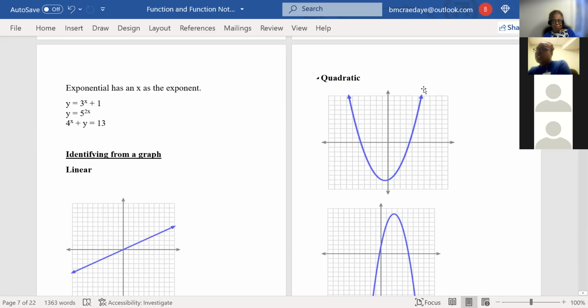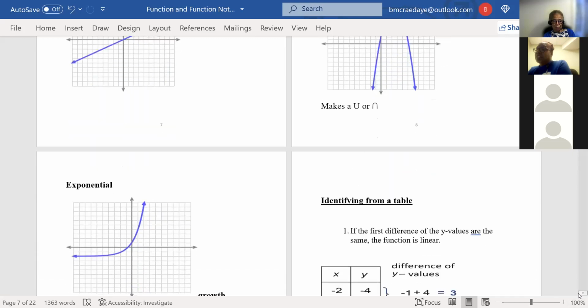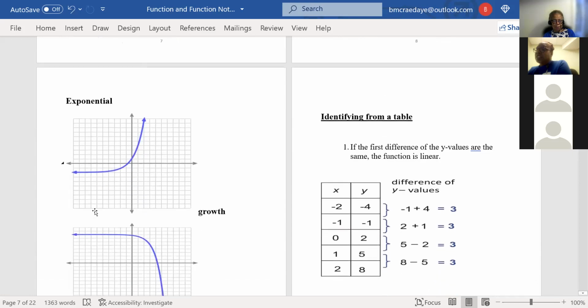Parabola. That's a parabola shape. And it could be this way, increasing, or it could be upside down, sort of an upside down U. And that's also quadratic. So it makes a U or this shape, which looks more like an upside down U. Now, when you get to exponential, notice they look like this.